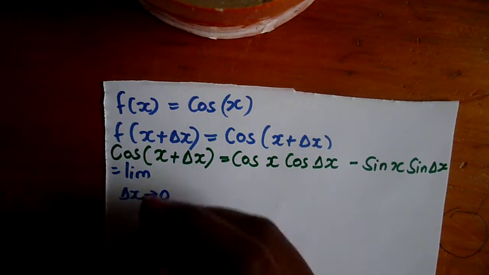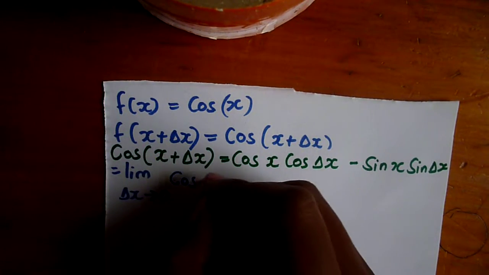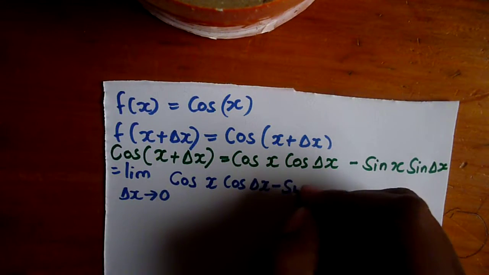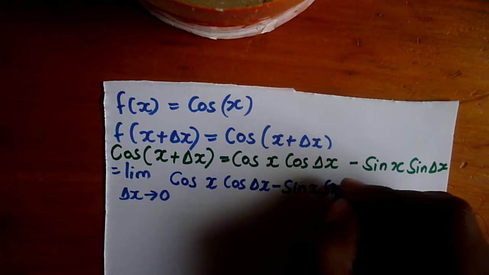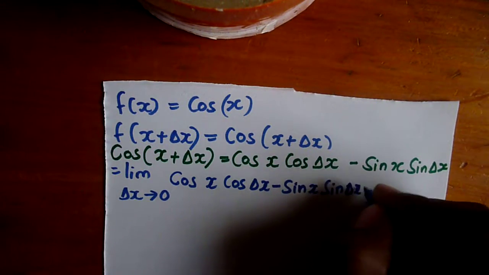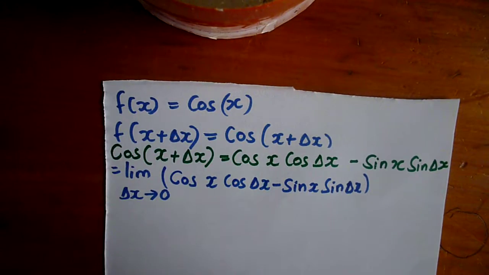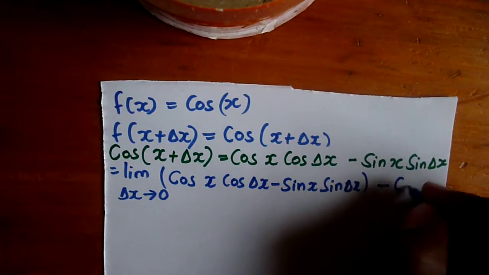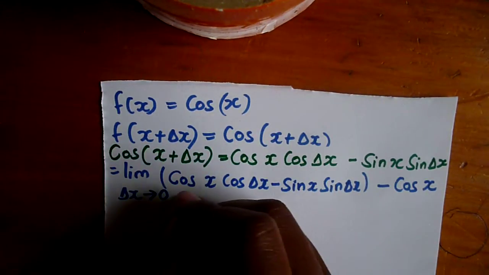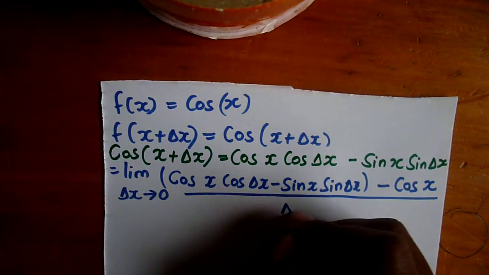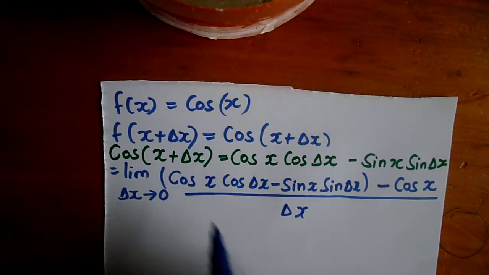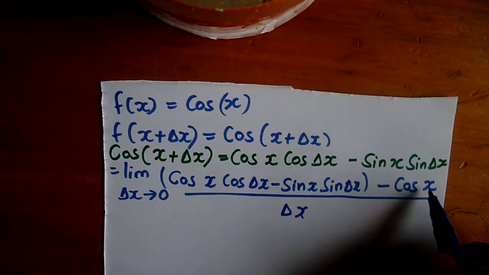So it will be cos x cos change in x minus sine x sine change in x, and this is our f of x plus change in x. Now minus our f of x, which is cos x, all over change in x. And what do we notice in our numerator? We have a cos x here and we have a cos x here.